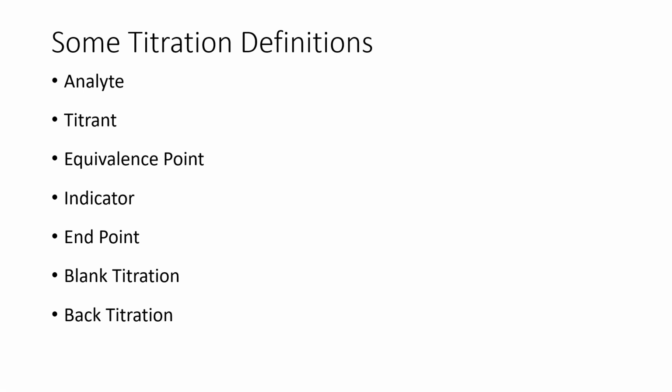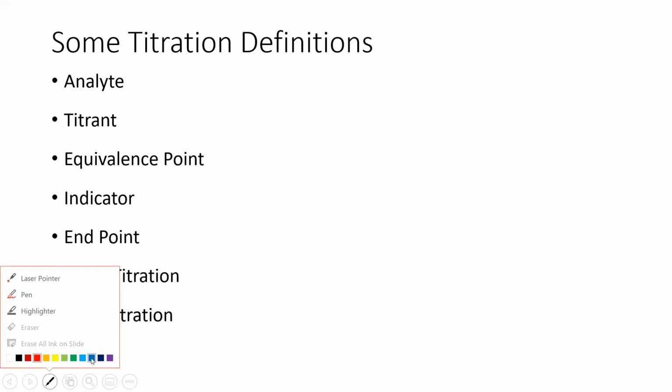The analyte is whichever of the two compounds. So, we have a known and an unknown, and then we have an analyte and a titrant. Those are not necessarily, there's no sort of definite pairs there. And so the analyte is, oops, let me get my pen.